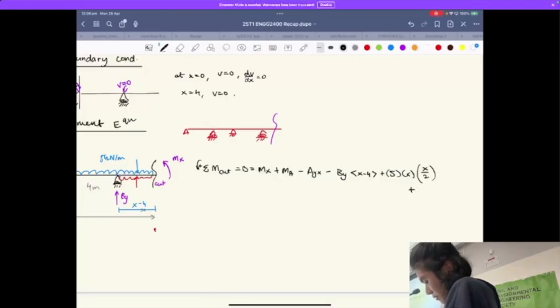And then the red one is going to be minus 5 times x minus 4 on 2. And you should get a moment equation. So Mx is our moment equation. That looks like this.